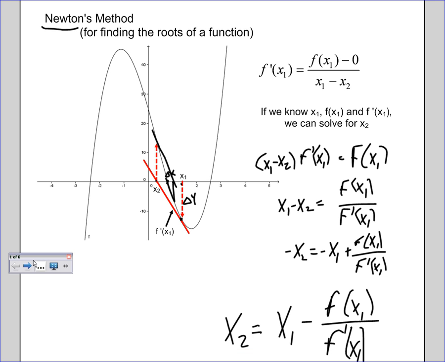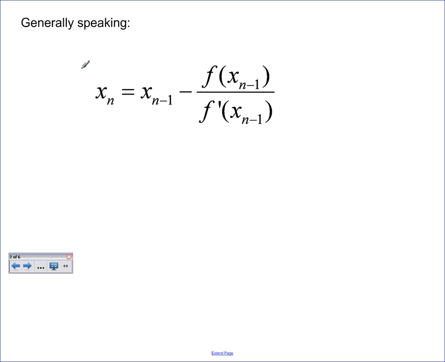If I want to get my next number, like if I want to get x2, I base it on x1. If I want to get x3, I base it on x2. So the next number is based on the one that I have now, and I just take the one I have now and subtract away the ratio of the function to the derivative at that particular value.